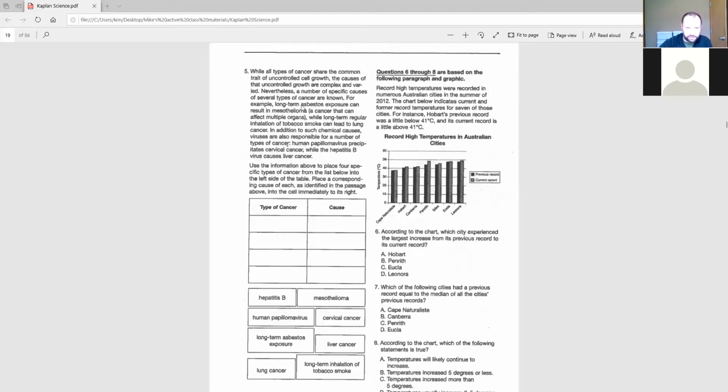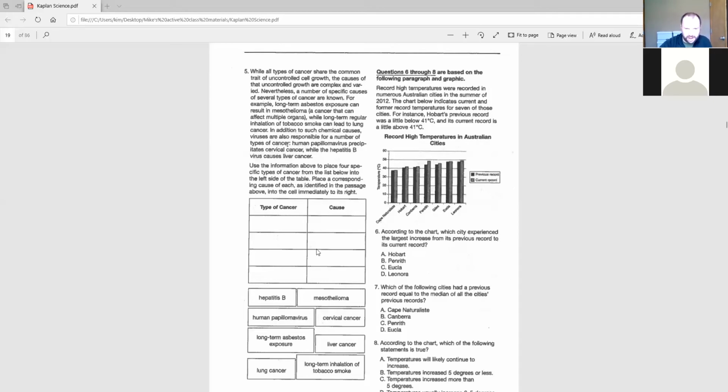Okay, so let's go through them. First one they mentioned, mesothelioma, right? And it is caused by long-term asbestos exposure. It says right there. So mesothelioma goes there. Long-term asbestos exposure goes there. All right. We've got lung cancer, which will be the next one.